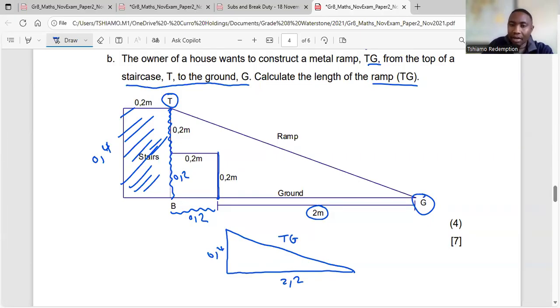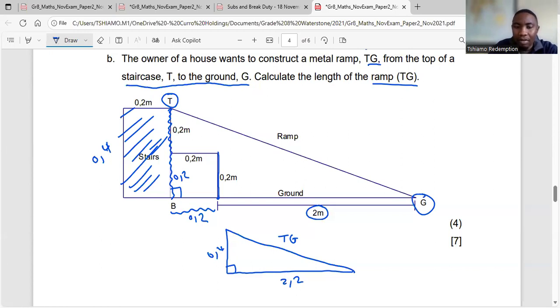So I'm going to use Theorem of Pythagoras, because as it's given, this will be a right angle triangle, because you get this shape here. It should be a right angle triangle. The stairs form a perpendicular. They are perpendicular, so they form a right angle, the stairs with the ground. So what would be the formula?